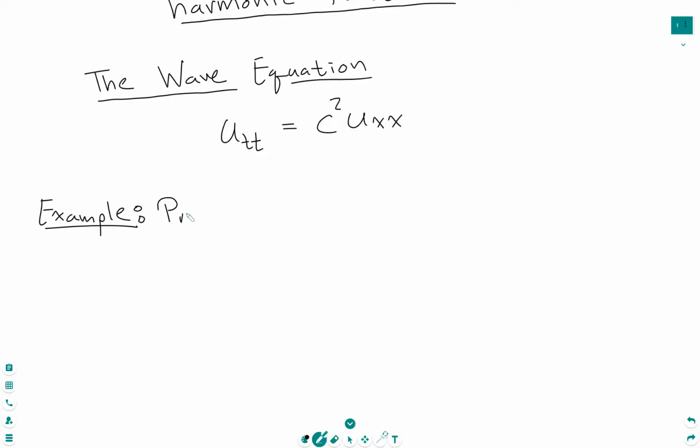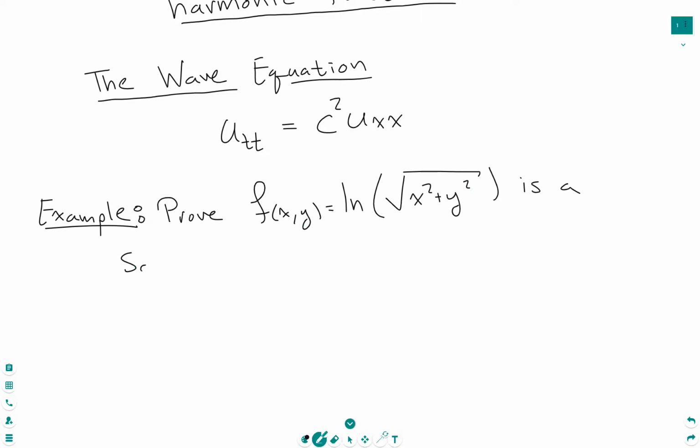So we're going to prove that f of x, y equal to the natural log of the square root of x squared plus y squared is a solution to the Laplace equation.